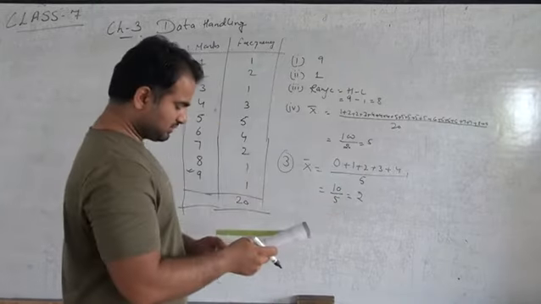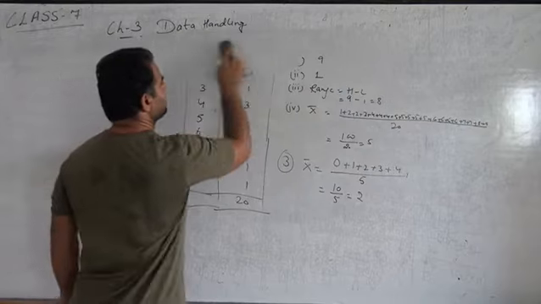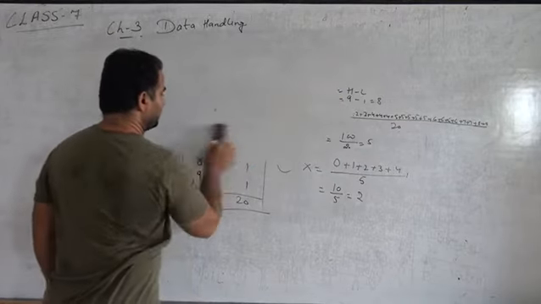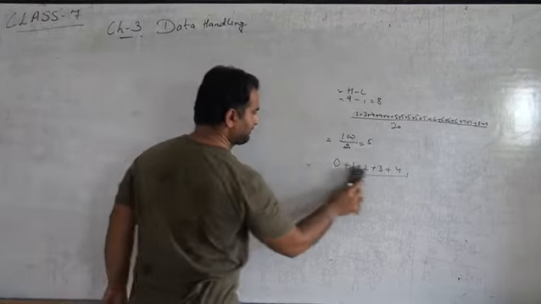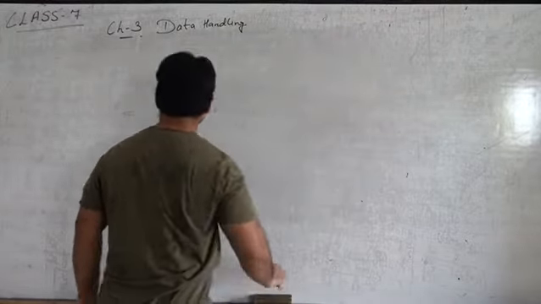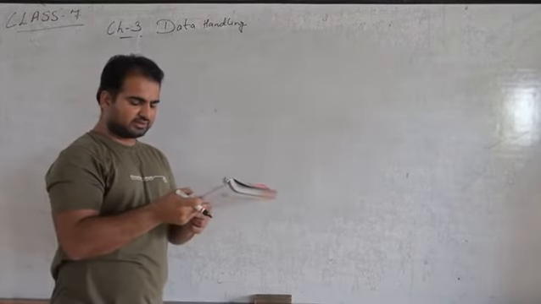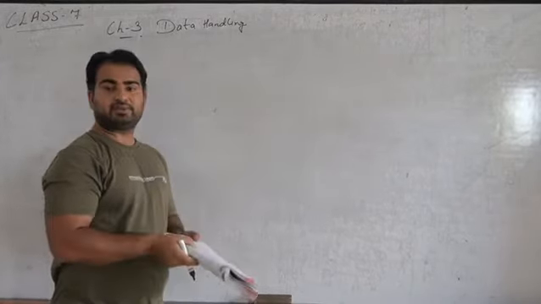Question number 4. A cricketer scores the following runs in 8 innings. Find the mean.